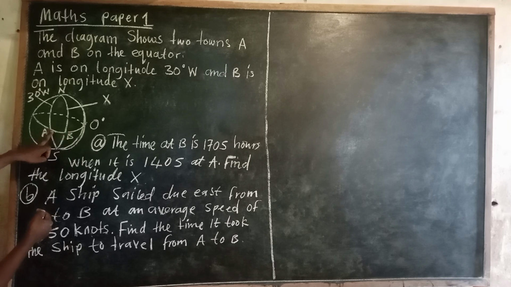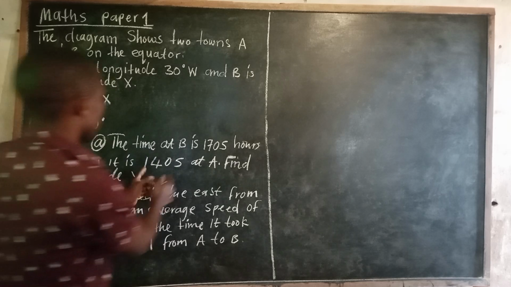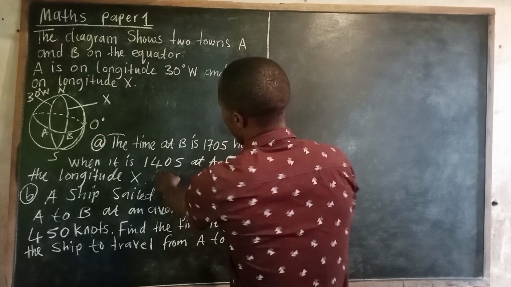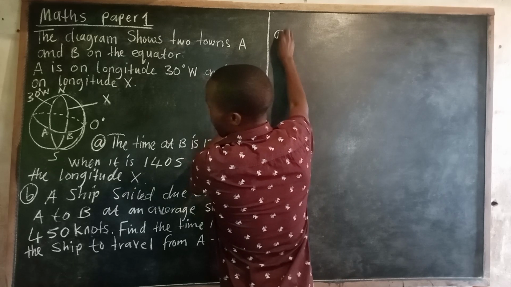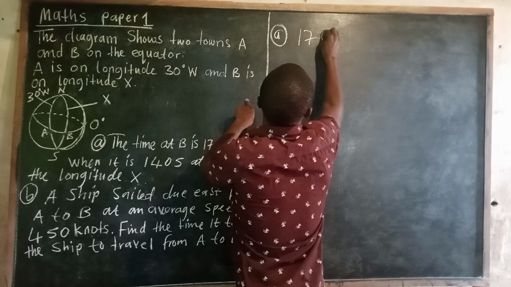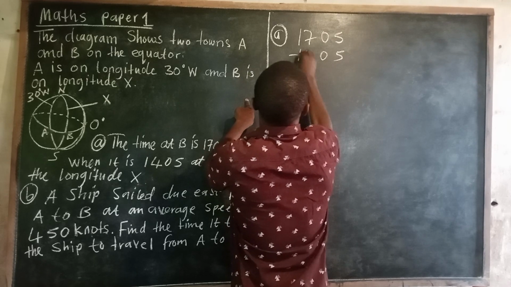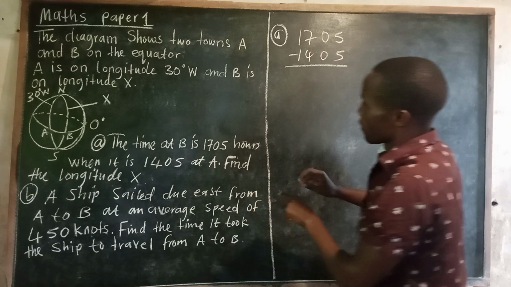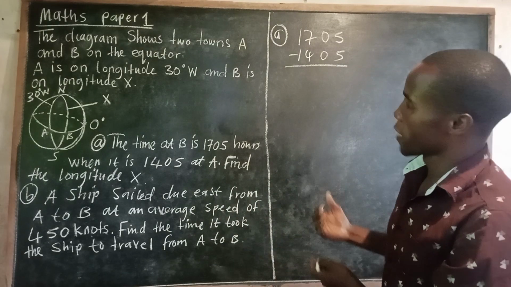Then here, 14:05. To know the difference, we subtract 17:05 minus 14:05.